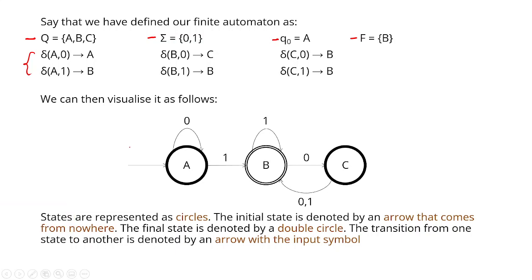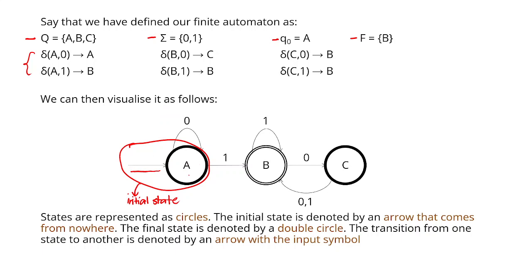Okay, this is our initial state. Why is it the initial state? The initial state always starts with an arrow, this arrow which comes from nowhere.